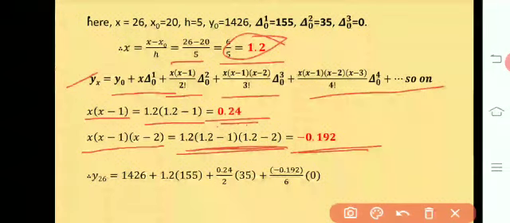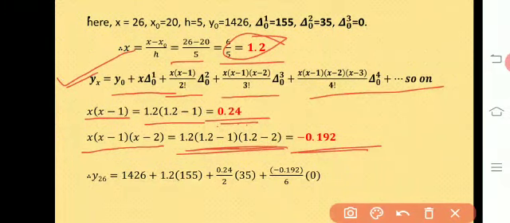Now all these values we will put in the formula for yx. So yx, where x is 26, so y26 is equal to y0, which is 1426, plus x into delta 0 raised to 1.